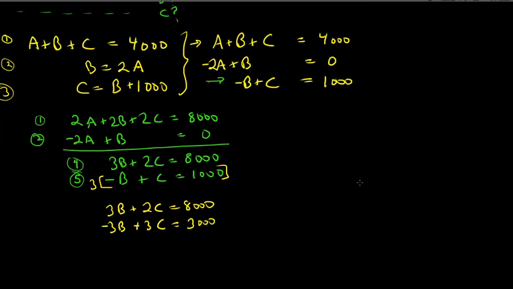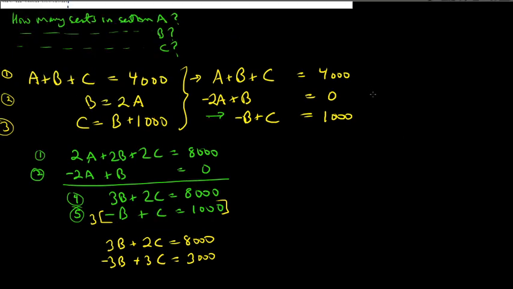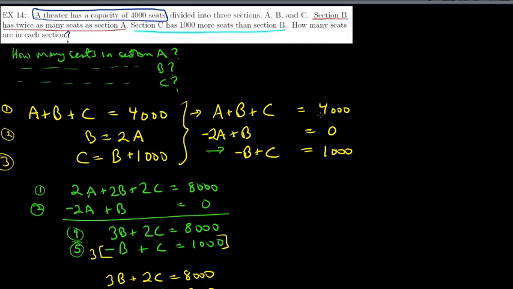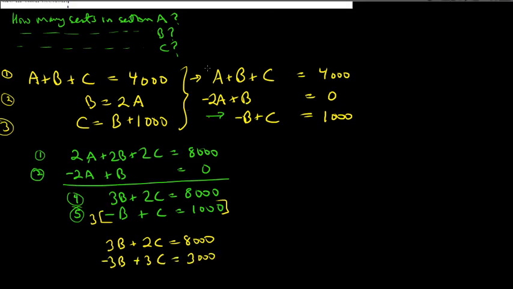All right, hang on. Let's try to figure this out. So 4,000, negative 2b. B has twice as many seats as A, so I think that's correct. C has 1,000 more than B, that's correct. Okay, I don't think I did anything wrong here. Multiply the first equation by 2, that's fine.